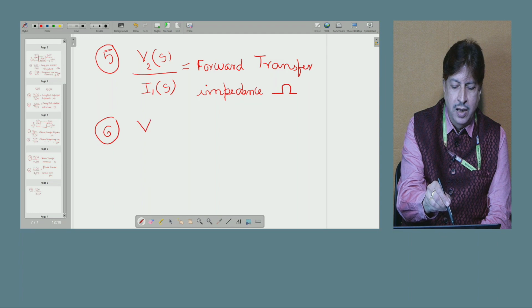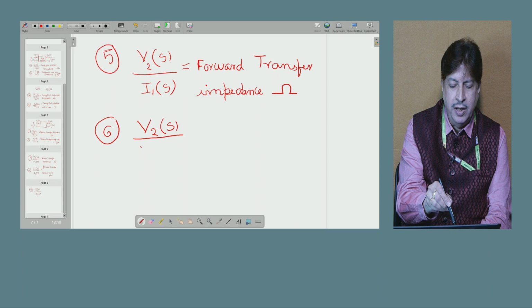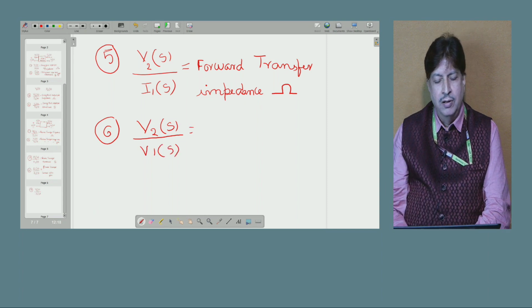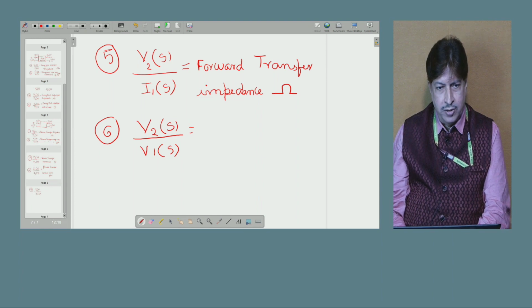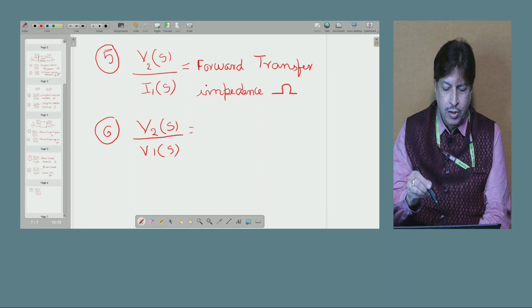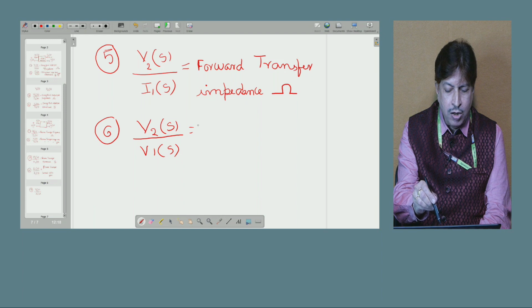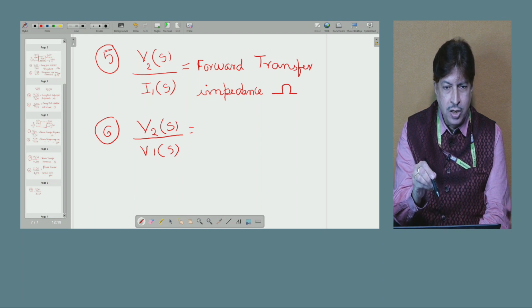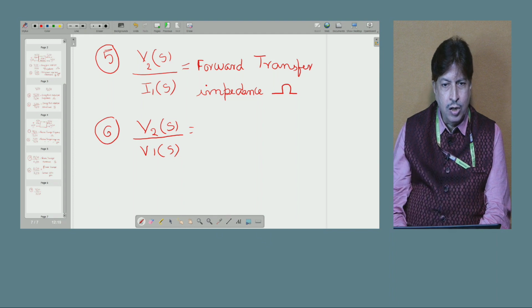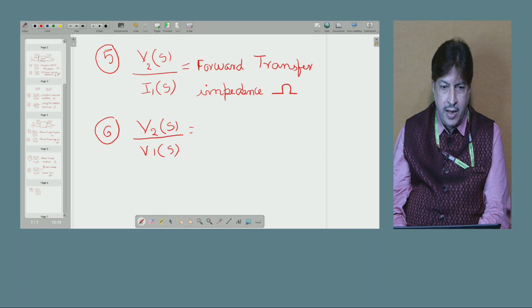Imagine I considered V2s by V1s. It is a transfer function. Output by input always indicates forward. So it is forward transfer voltage ratio or forward transfer voltage gain.